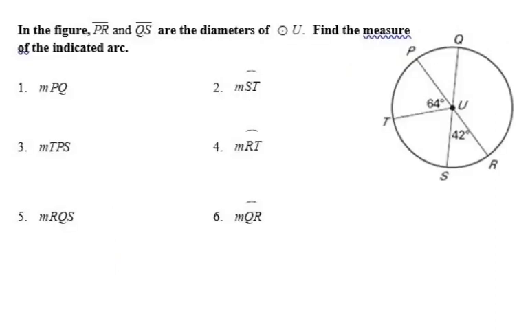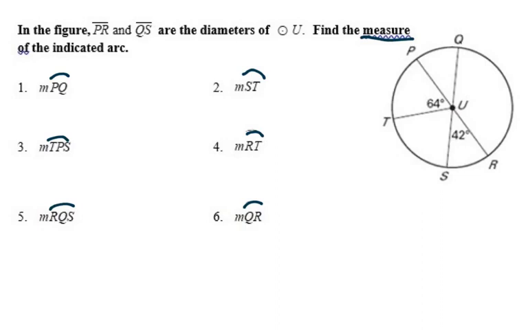Let's take a look at a problem where we are going to be asked to find the measure of all of these indicated arcs. Each of these are arcs that we're looking for, so I'm going to make sure we have our arc symbol on top of all of these. And remember, the main idea here is that if it's a central angle, the angle equals the arc.